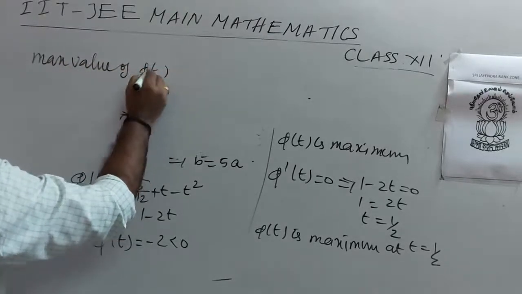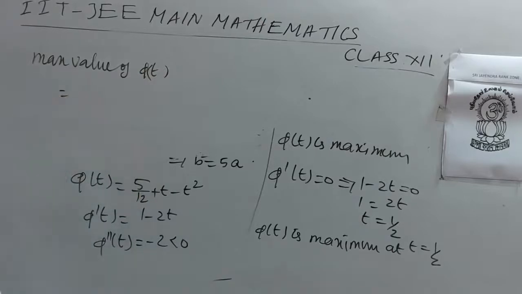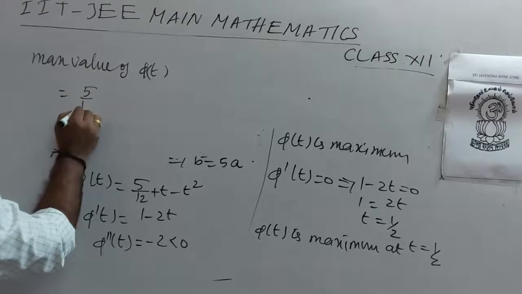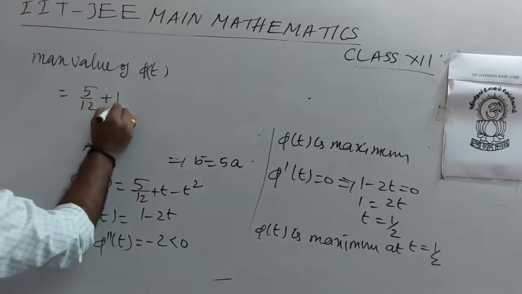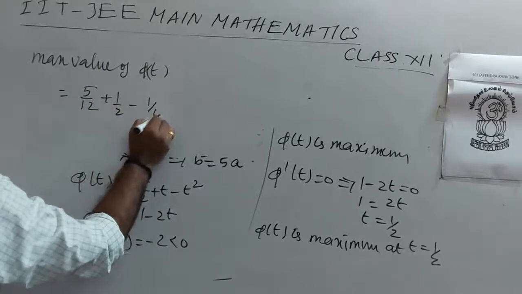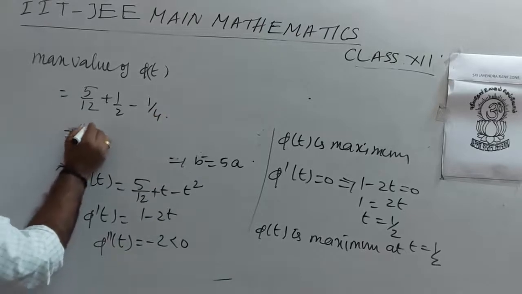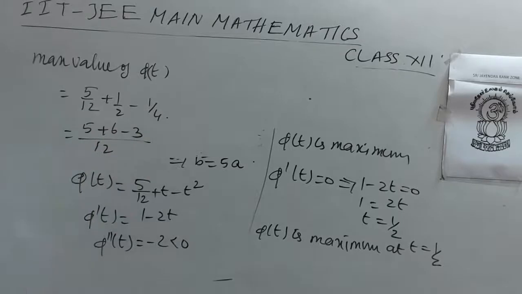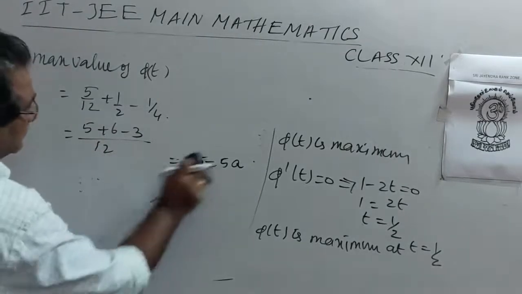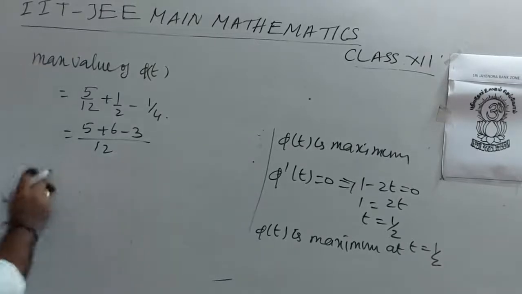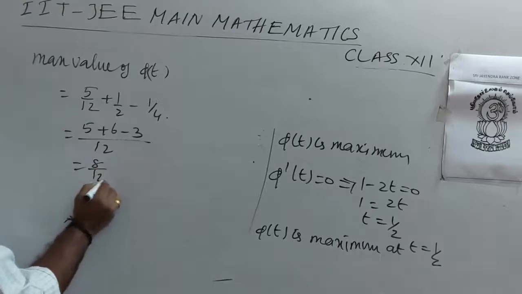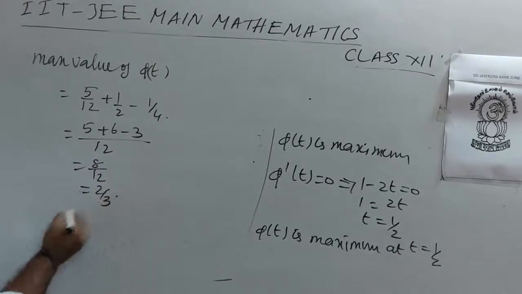Maximum value of phi of t equals 5/12, and in place of t you take 1/2, minus 1/4. You take 12 as LCM: 5 plus 6 minus 3, eight by 12, that is 2/3.